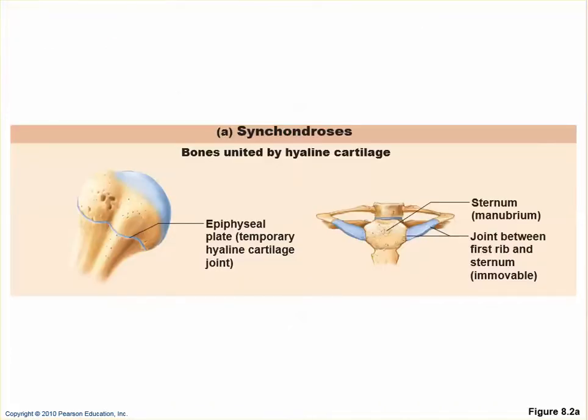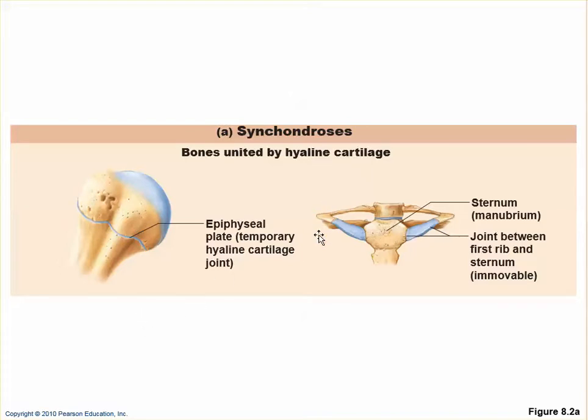An example of a Synchondrosis is where the first rib attaches to the manubrium of the sternum. So when you elevate the first rib, you also pull up the sternum. It acts as a shock absorber here between the ribs and the sternum, and it's a Synchondroses.